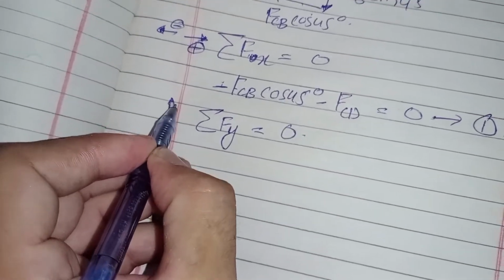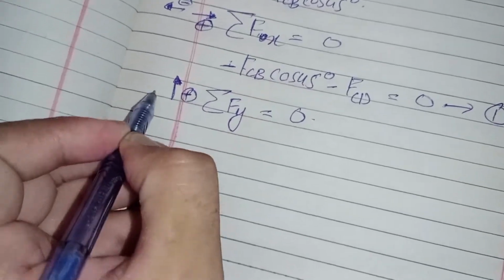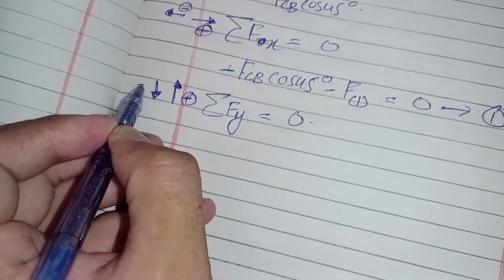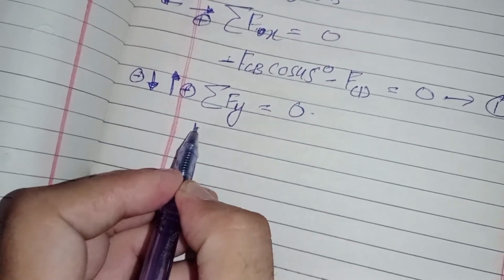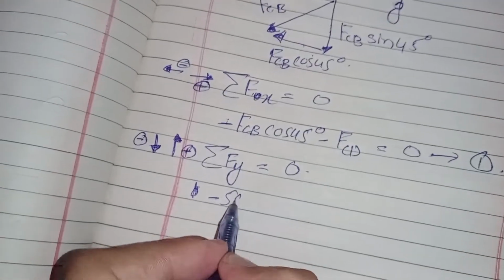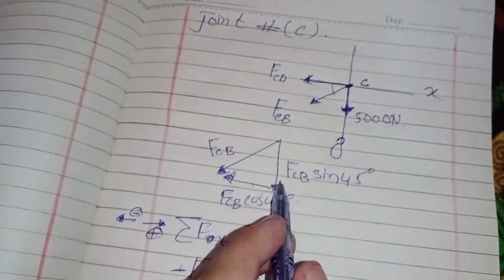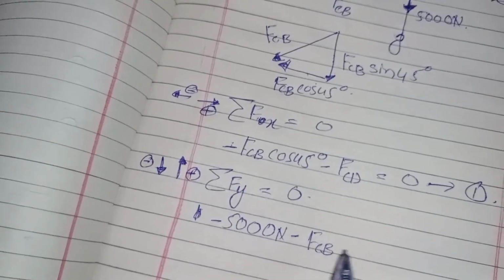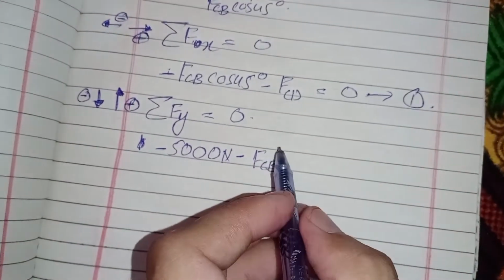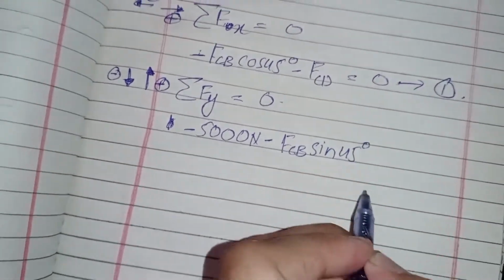Summation of all forces in the y direction equal to 0. Directed toward up will be taken as positive, directed toward down will be taken as negative. So negative 5000 Newton, and this also negative FCB sine 45.